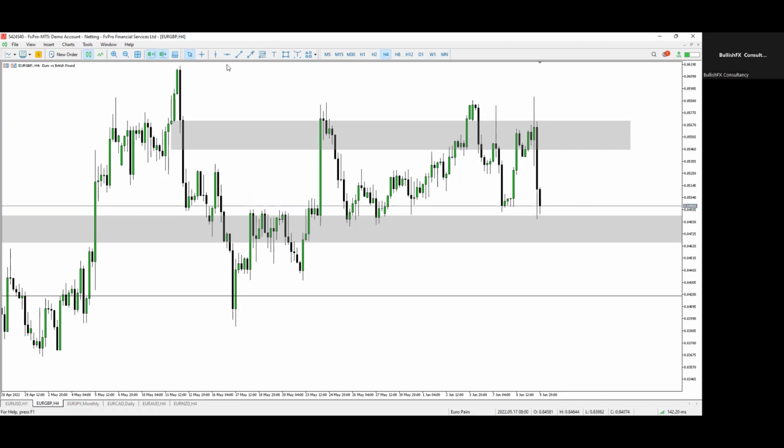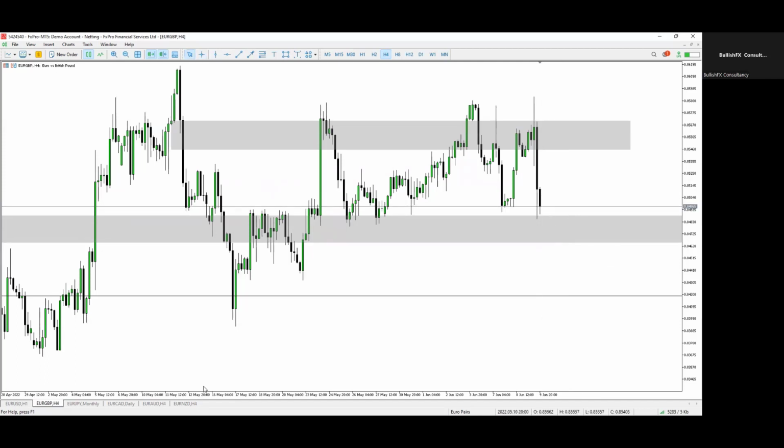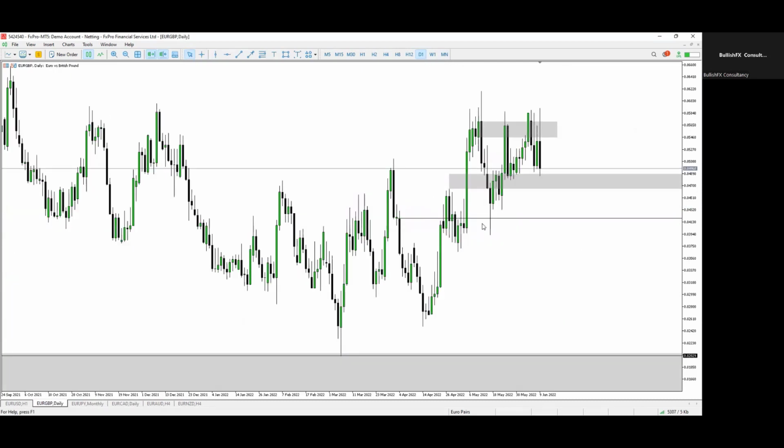So it's quite an easy trade, this one here. If you are patient enough, this trade to fill up this fair value gap is quite easily 30-odd pips that you can take from the market. So shorts are ideal here. We don't want to beat about the bush. Shorts are ideal on Euro GBP.